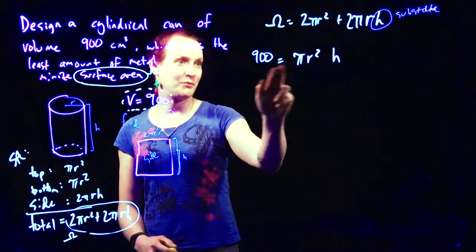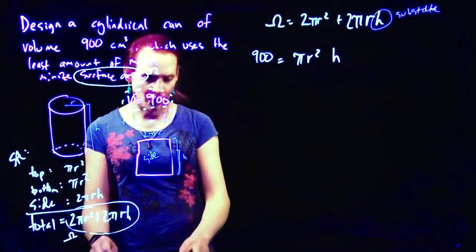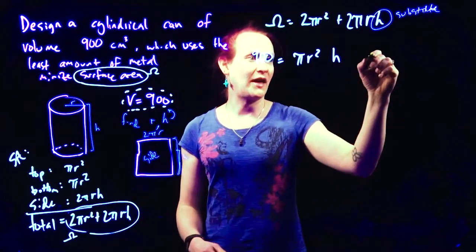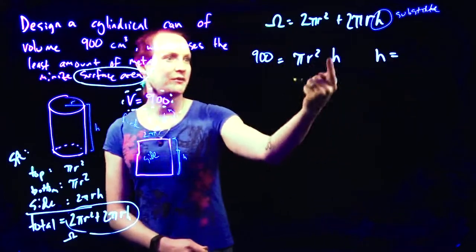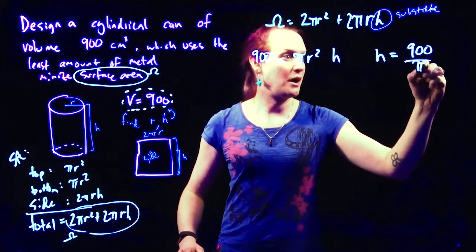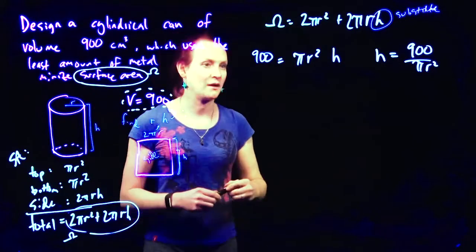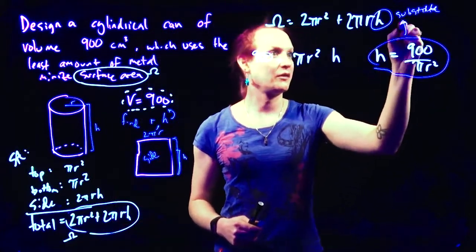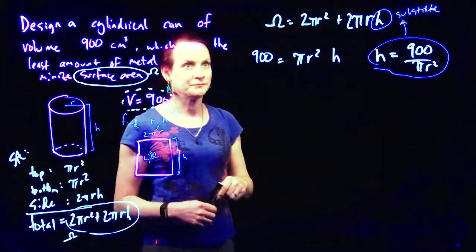I'm going to obtain the h through this right here. So knowing that 900 is equal to pi r squared h means that h is equal to 900 over pi r squared. So this right here is going to get substituted in.